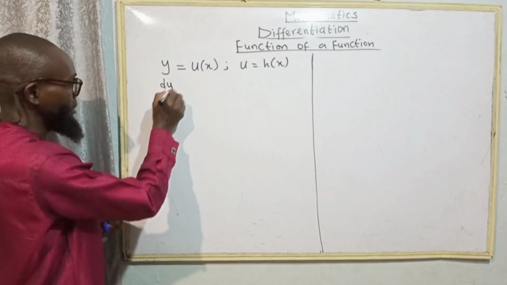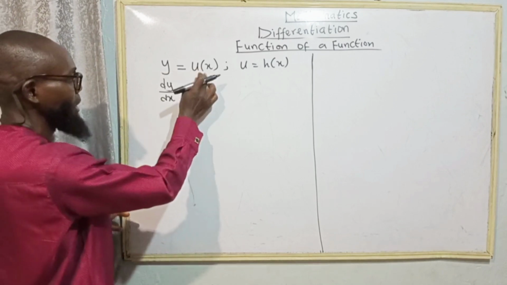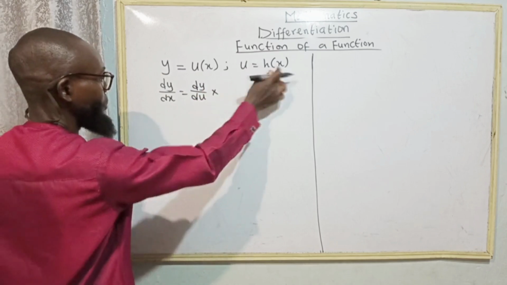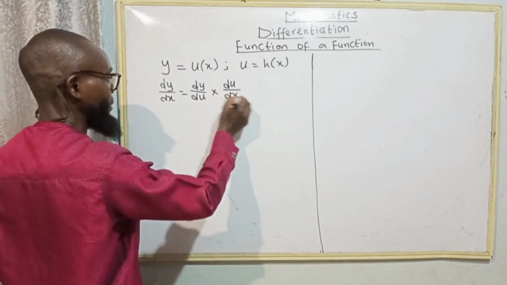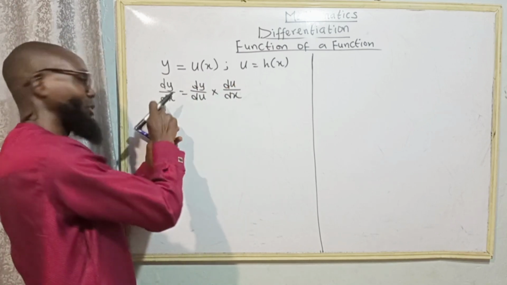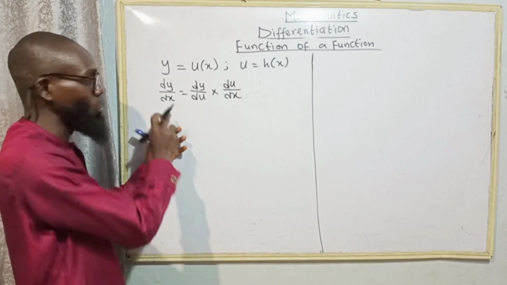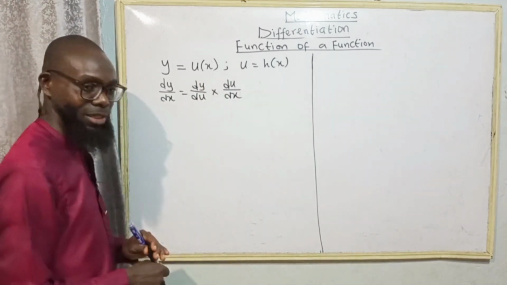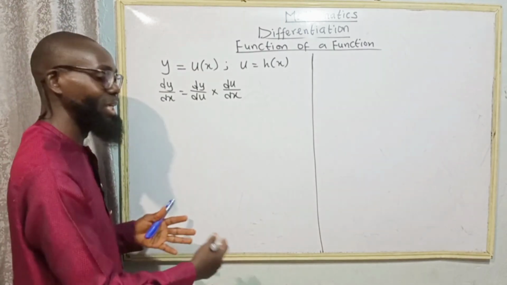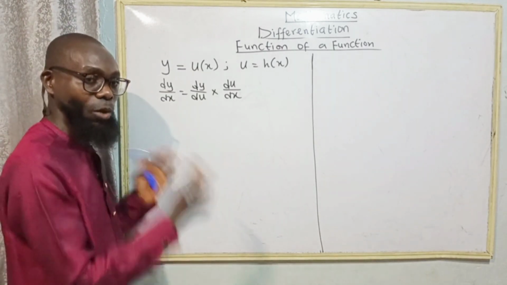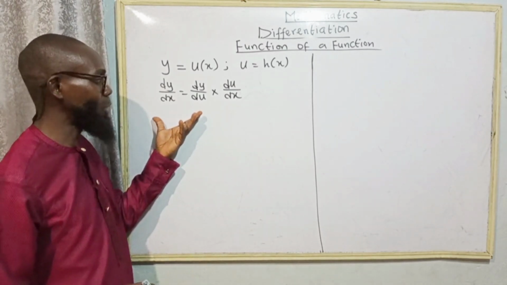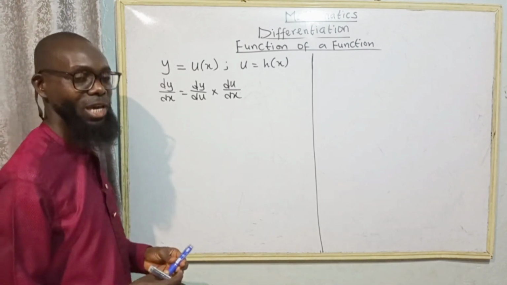By saying dy dx will equal dy du multiplied by du dx. When you look at this, du will cancel each other, we will be left with dy dx. We are back to where we are coming from. So this one can take a chain. That is why this function of a function is called the chain rule, because we can have about 3-4 functions interwoven. So how do we do it? Is using this method, dy dx equals dy du multiplied by du dx.